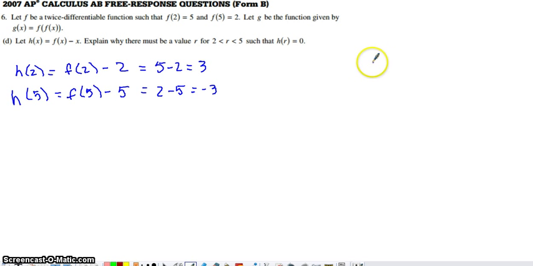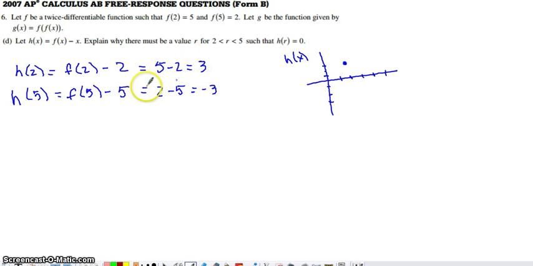So basically what this tells us about the graph of h, if I attempt to sketch it here, and sorry that that's not really horizontal, but it'll do. If this is a graph of h of x, if we go 1, 2, 3, 4, 5, 1, 2, 3, and 1, 2, 3, we basically now know that (2, 3) is on the graph of h, right?